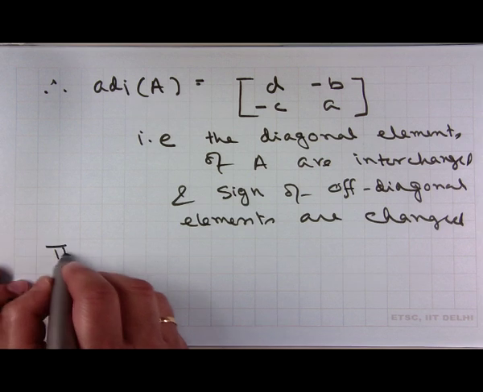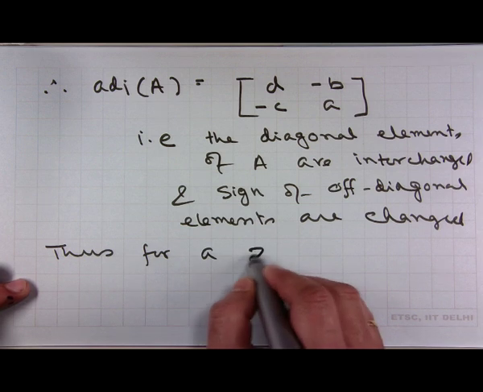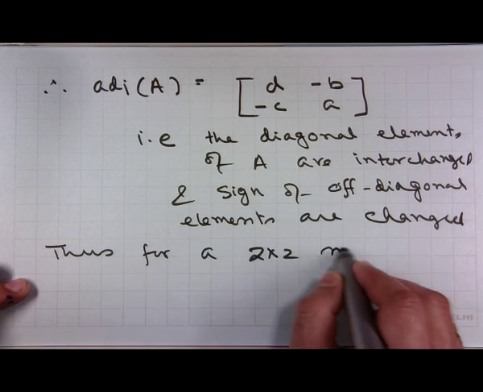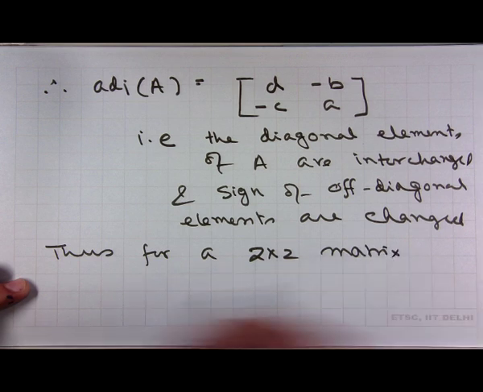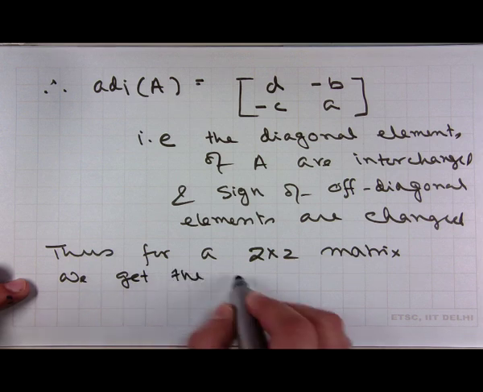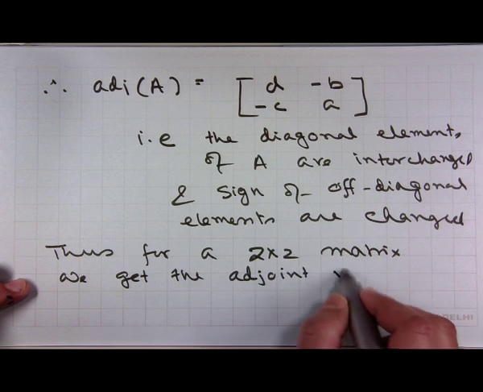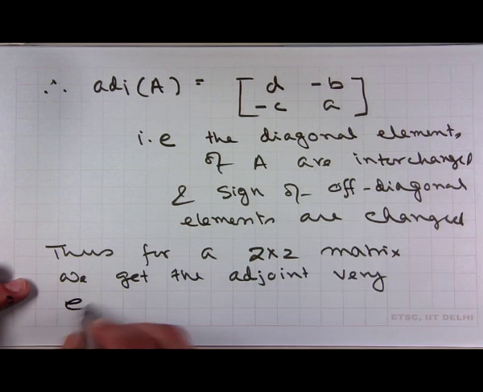Thus, for a 2 cross 2 matrix, we get the adjoint very easily.